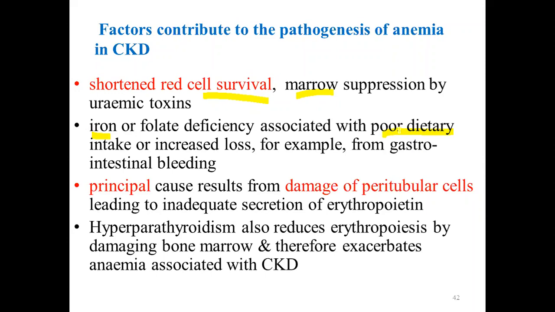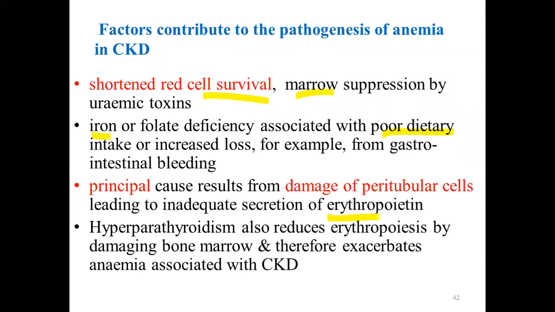But the principal cause is mainly inadequate secretion of erythropoietin. Erythropoietin is a potent stimulus for the bone marrow so that it can produce RBCs. So if the kidney function is deranged, the patient will end up having anemia.